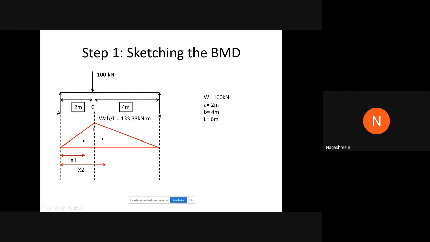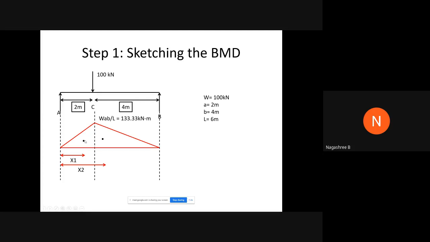Therefore, I have drawn a triangle over here with the bending moment as 0 at the supports. You can also observe I have drawn two dots here, which represent the centroid of each individual triangle.